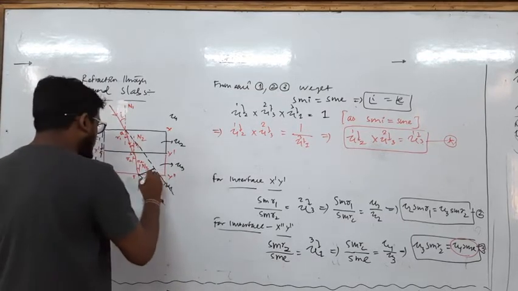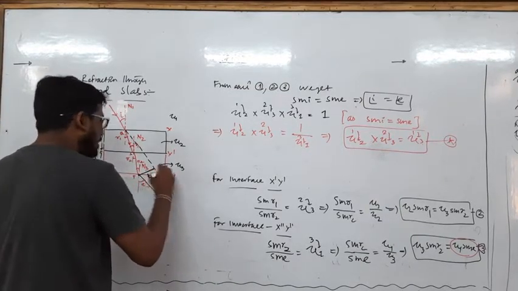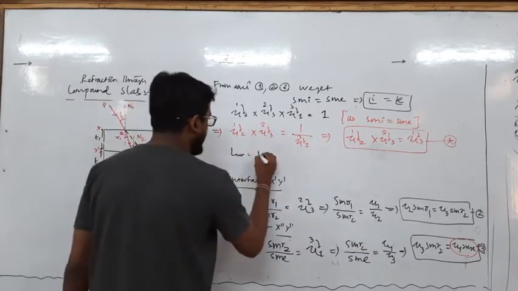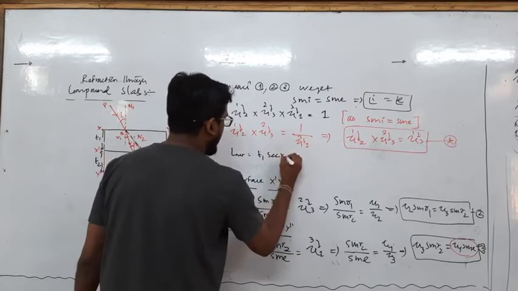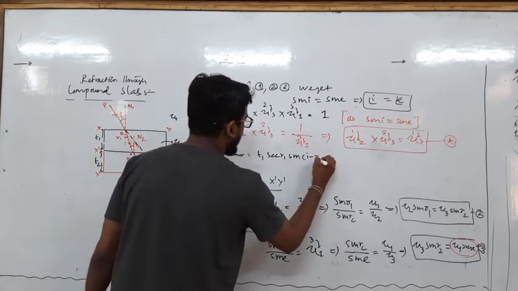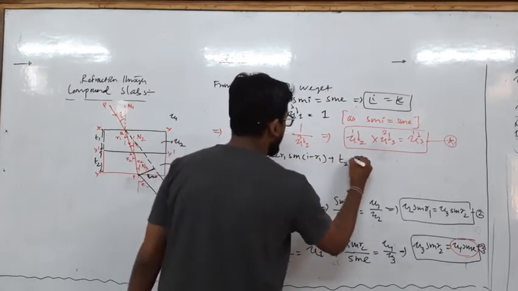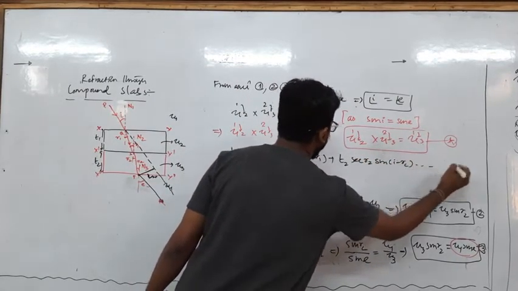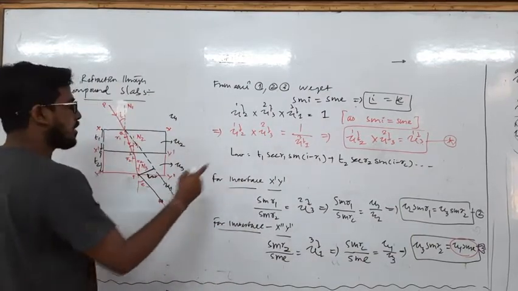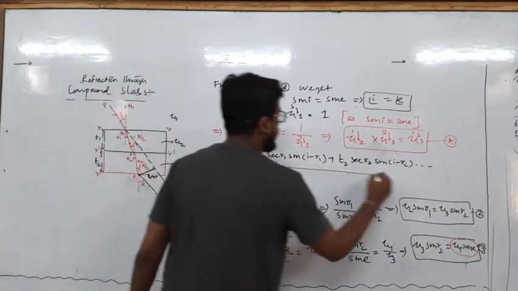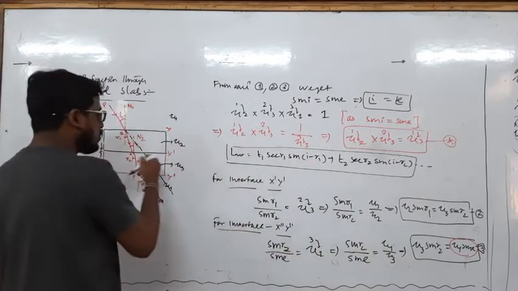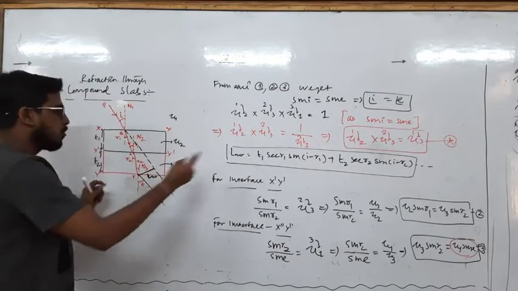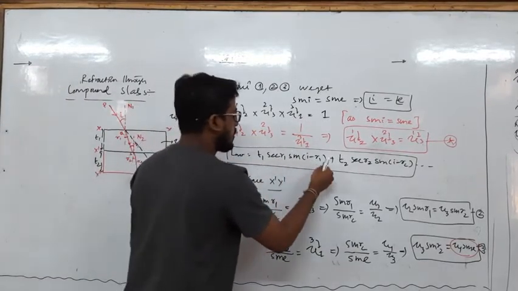So the total lateral shift L net will be how much? According to the previous formula, you can write T1 sec R1 sin(I minus R1) plus T2 sec R2 sin(I minus R2), and so on. As here there are two slabs, the lateral shift will be this much. If there are more than two slabs, then I can add to it, and so on. Clear? What is R1?